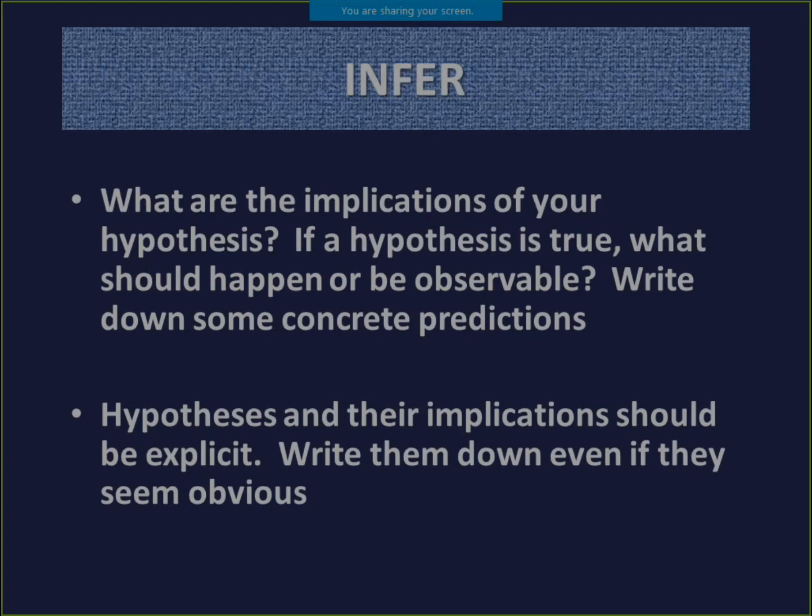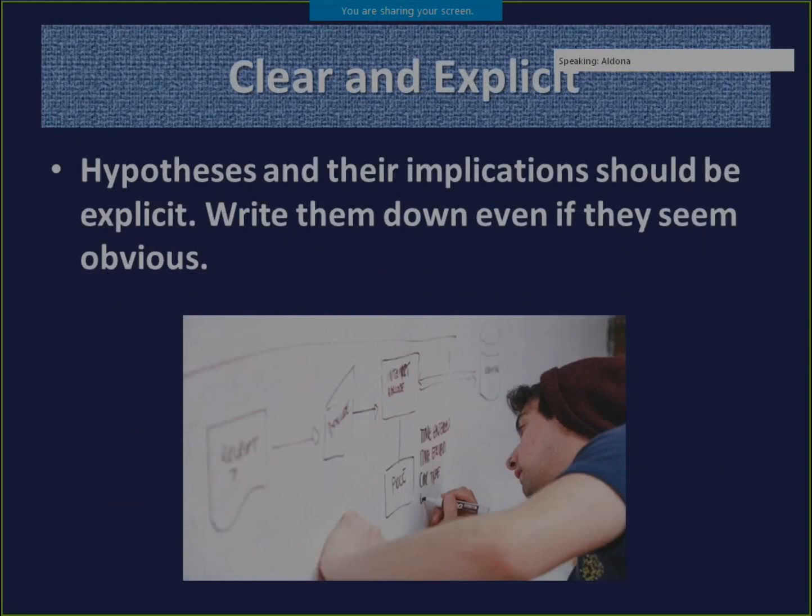So it's clear to everyone that your experiments are in fact clearly and cleanly eliminating or testing your hypotheses. So these combinations of hypotheses and their implications need to be explicit and written down in order to perform clean experiments and get a clear result.